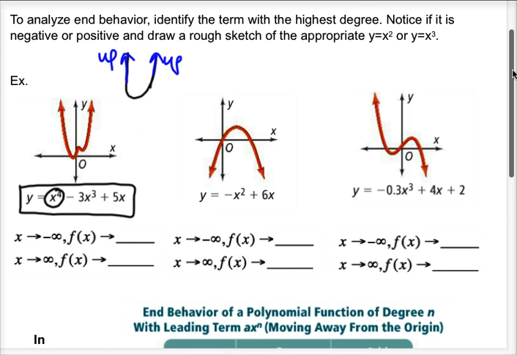Now, again, just to reflect so you understand, isn't this graph showing you exactly that same behavior? So that's what I mean by you can just draw a rough sketch of y equals x squared, and every polynomial with even degree, all of them are going to act exactly the same way. Okay? So that's all I mean by focusing on that first term. So it's going up to positive infinity and up to positive infinity.